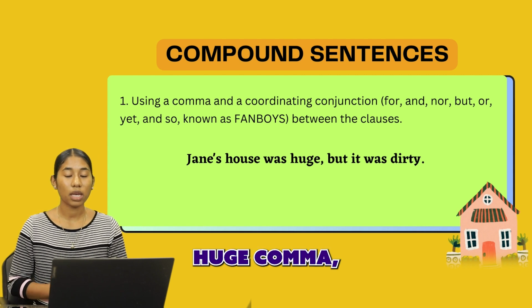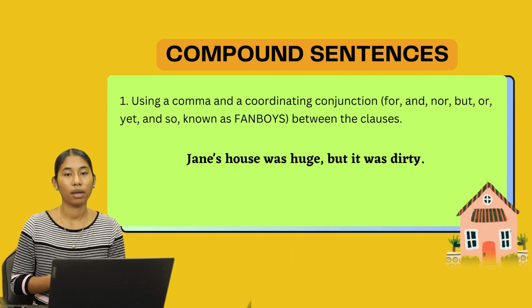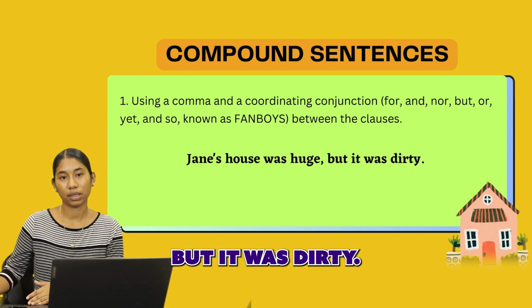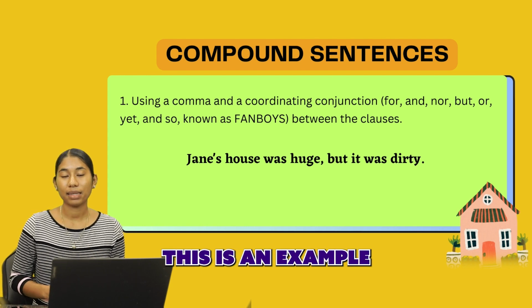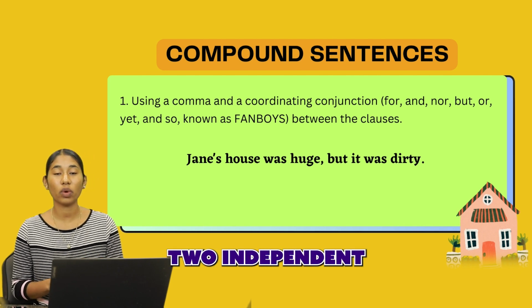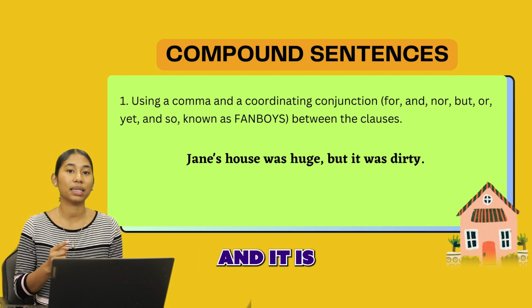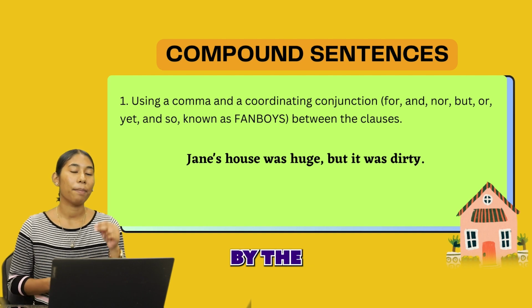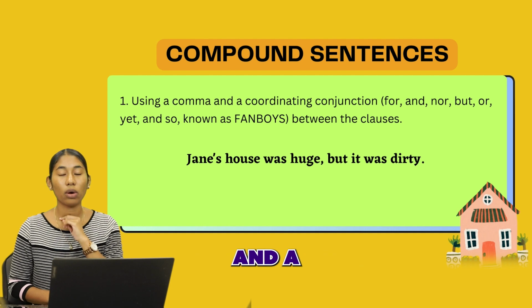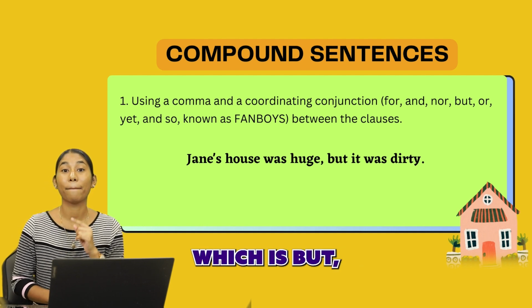Jane's house was huge, comma, but it was dirty. So, Jane's house was huge, but it was dirty. This is an example of a compound sentence. You can see that we have 2 independent clauses and it is being joined by the use of the comma and a coordinating conjunction, which is but.